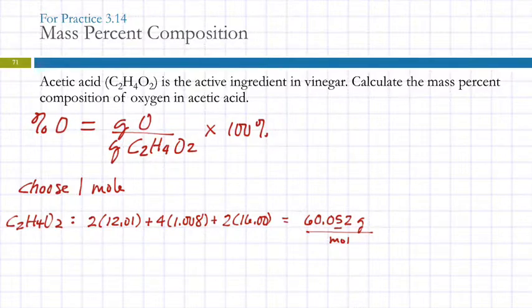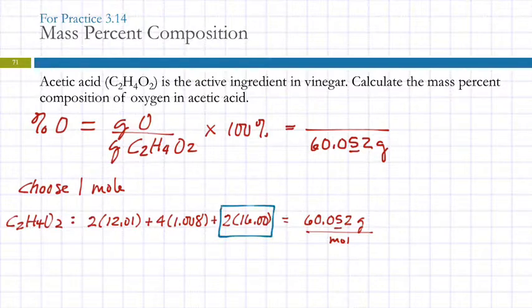So in our formula here, we're choosing 1 mole. The mass of 1 mole of acetic acid is 60.052 grams. What's the mass of oxygen in that compound? It's this right here. There are 2 moles of oxygen in 1 mole of acetic acid.